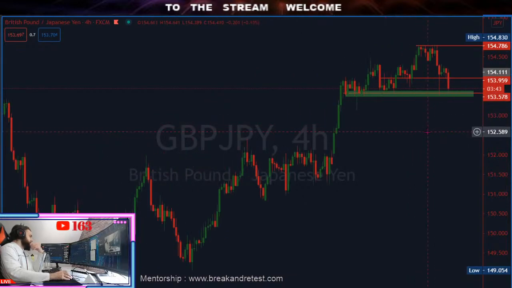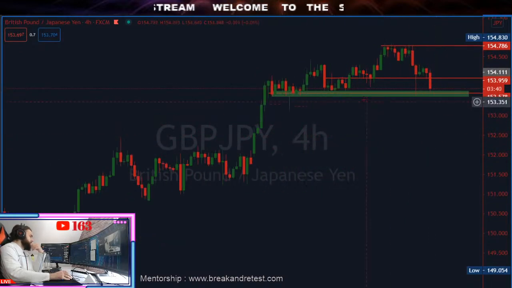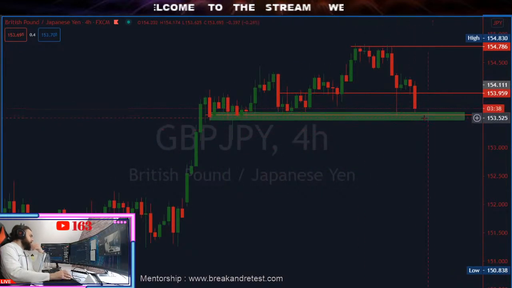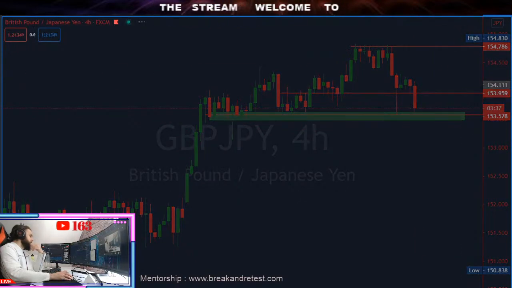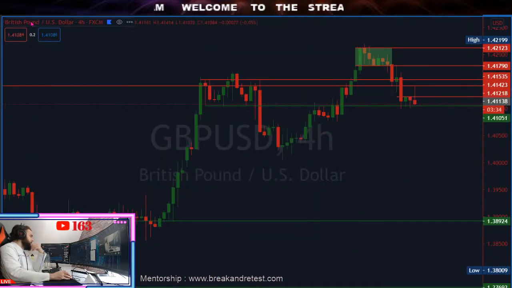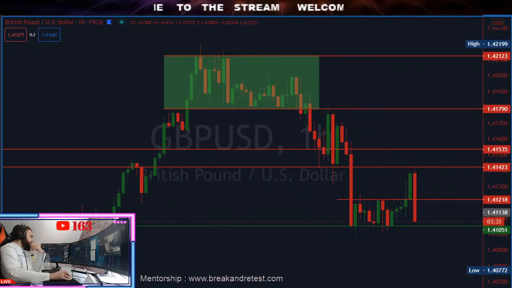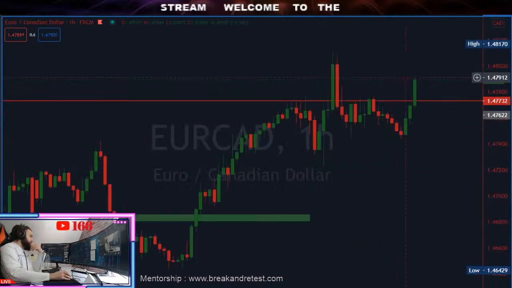This is the best level you can get. It's a clean support, plenty of rejections. We'll see about that. Our trade's gonna be on EuroCAD. That's the trade for today. It's going to be 1 hour and 4-hour zone.